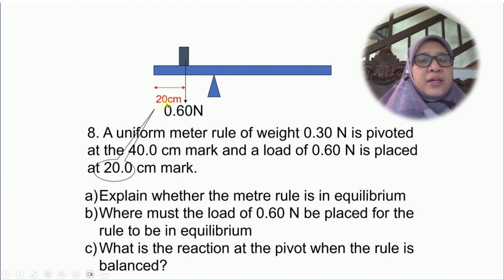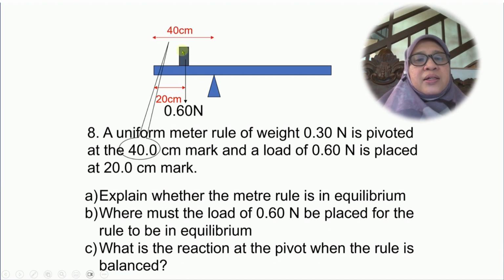We do A first. Given the 20 centimeter mark for 0.60 Newton, the pivot is at the 40 centimeter mark.